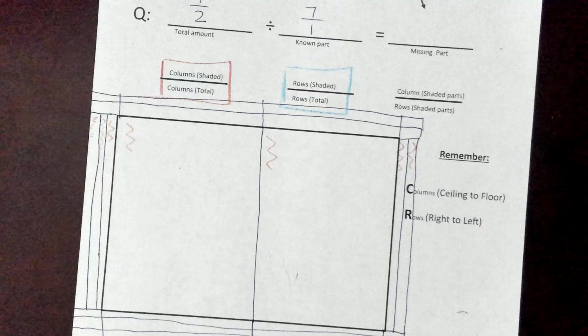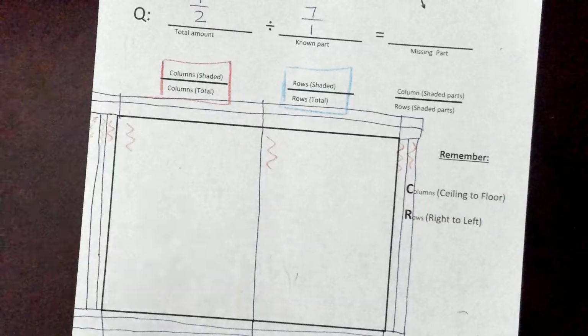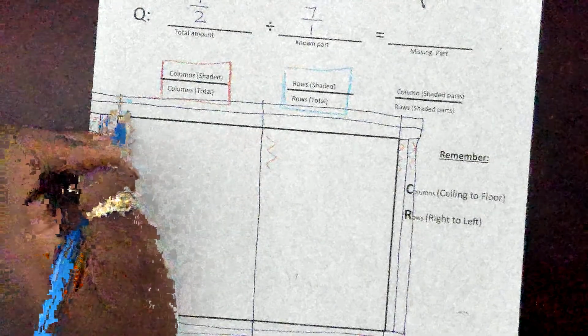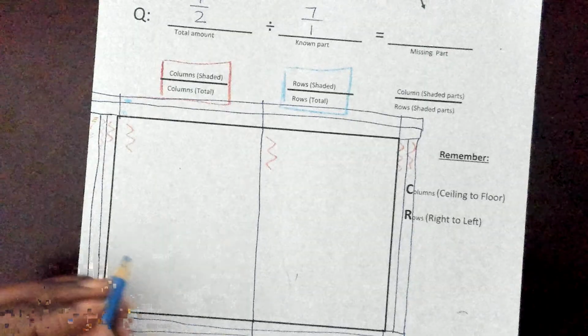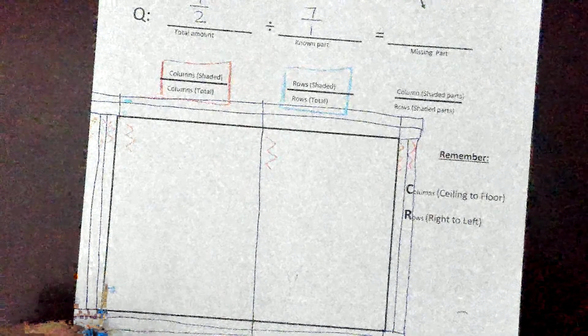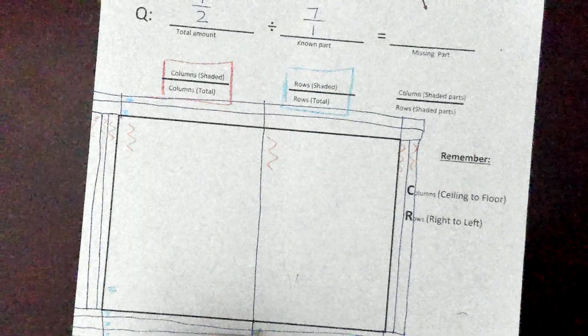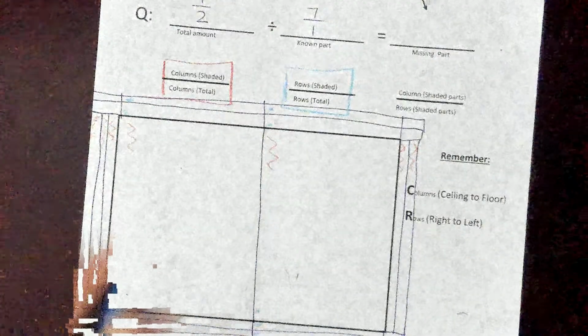So now we need to put our marks in there for all of the rows that we have. And remember, we're going to shade all the way across for our rows. We have 1, 2, 3, 4, 5, 6, 7, and go all the way across our 7 rows. All right, so now we need to figure out how many column pieces were shaded.